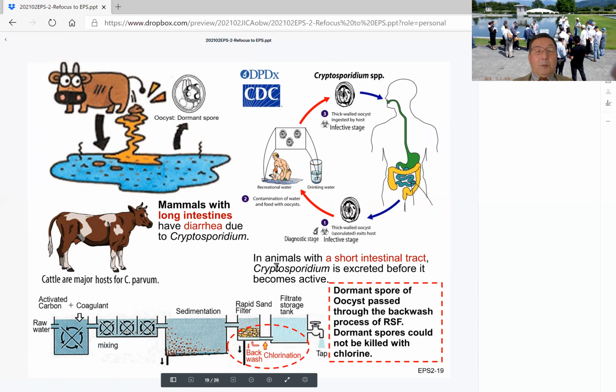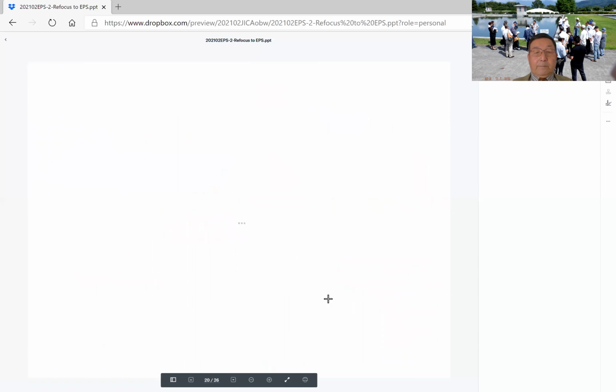In small animals, which have a short intestinal tract, Cryptosporidium is excreted before it becomes active, and the dormant spores, the oocysts, pass through the backwashing process of rapid sand filters.